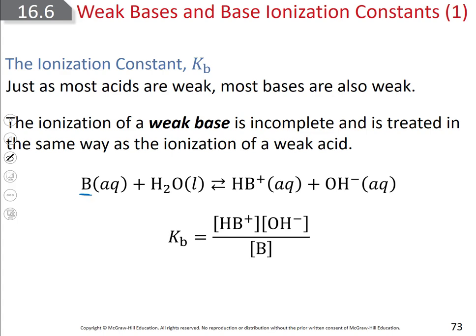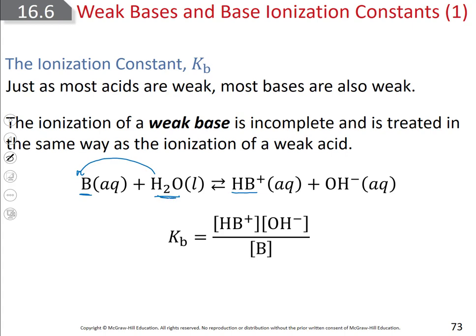It reacts with water. Now, because a base is a proton acceptor, it's going to pull a hydrogen from the water, and the base is going to turn into hydrogen plus the base, so you end up with HB with a positive charge.